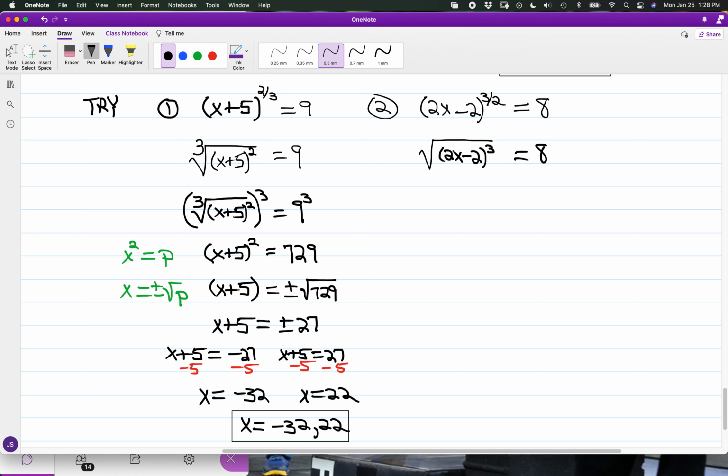Now we have the square root of an expression reduced to 8, which is not negative, so I can proceed. So take care of the radical by squaring both sides.